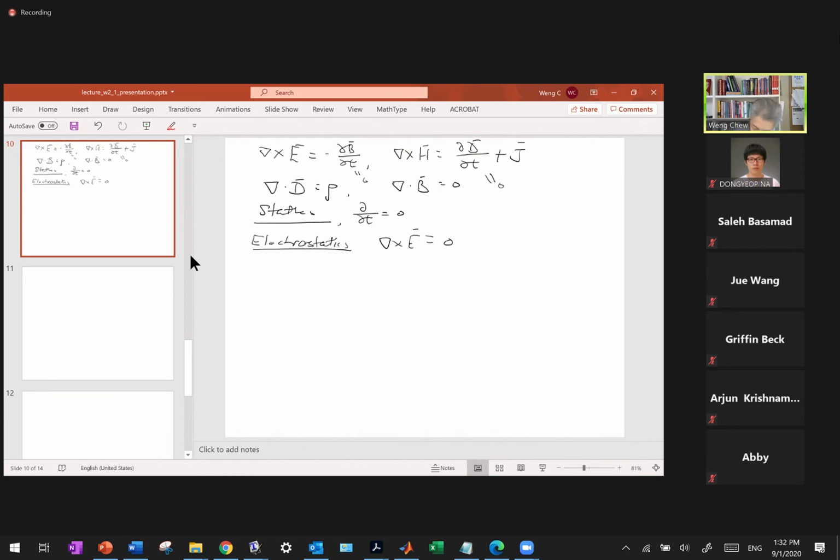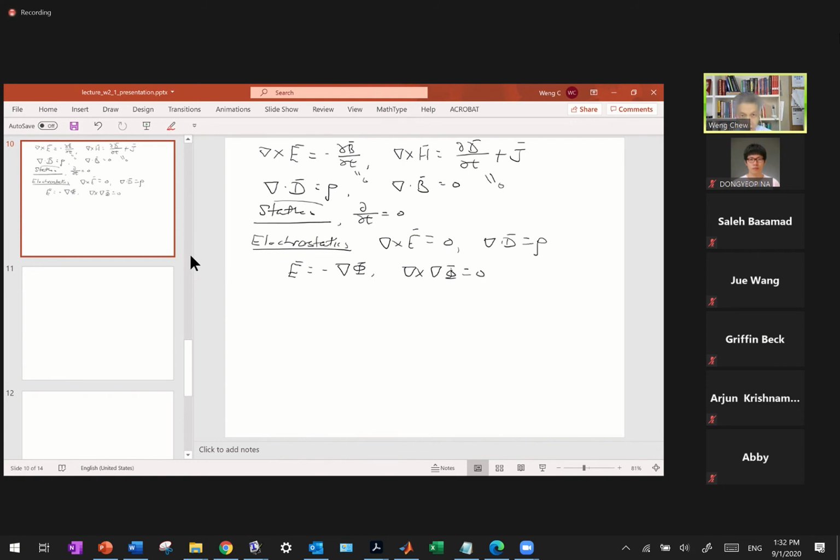And the other equation that involves the electric field is the electric flux equation, which is Gauss's law for electric flux. You can solve this equation by assuming that E is equal to minus grad phi, because we know that the curl of grad phi is equal to 0.